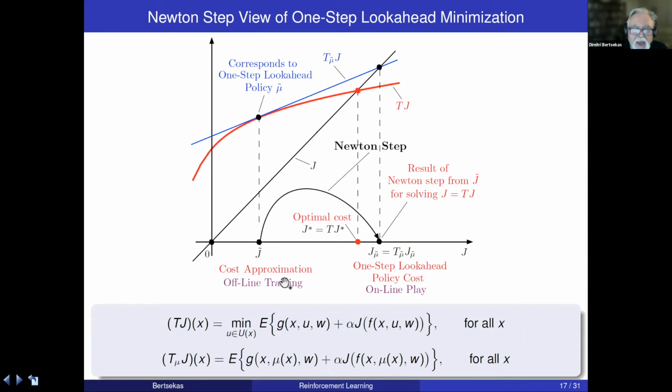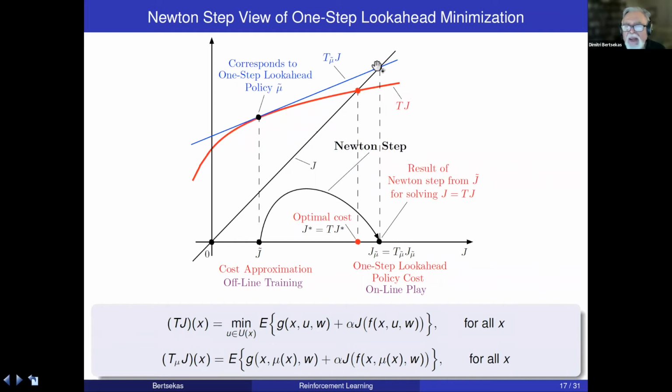And what we obtain by minimizing in this equation here with j replaced by j tilde is this tangent policy, mu tilde, which has a graph like this, and its cost is given by the fixed point, the intersection with the 45-degree line.